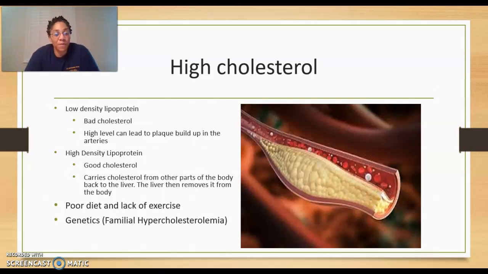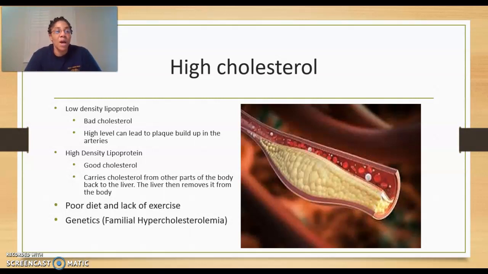Then the liver removes it from the body. Now, high cholesterol can be contributed to by poor diet and lack of exercise, but also by genetics. It's called familial hypercholesterolemia, where your parents may have high cholesterol, so it's in your genetics. But you can also take medication for that.